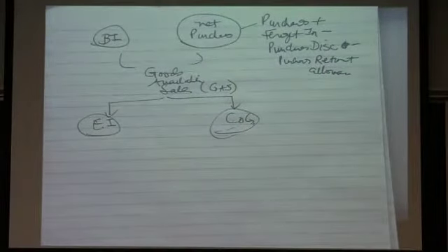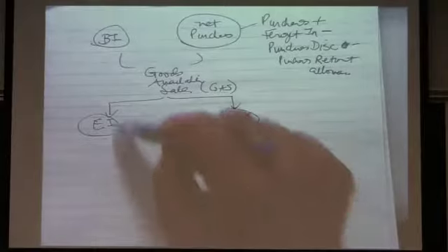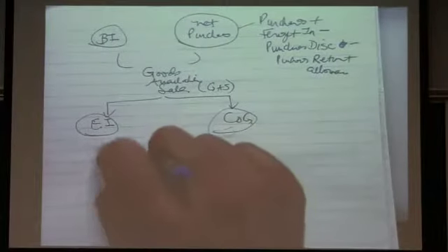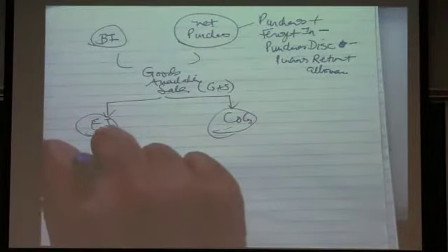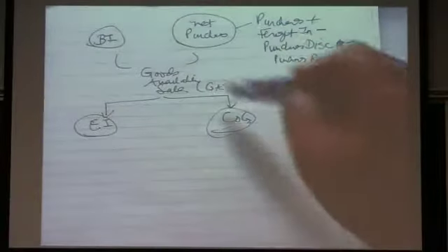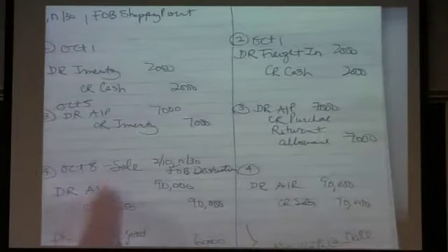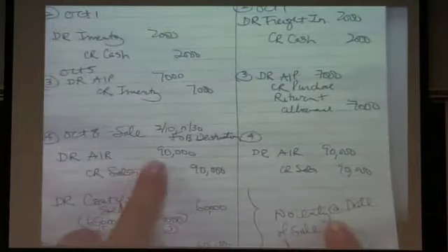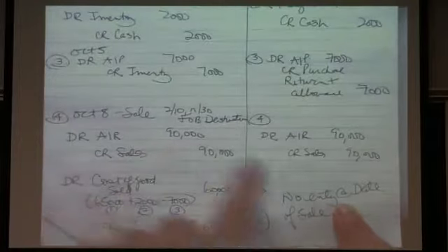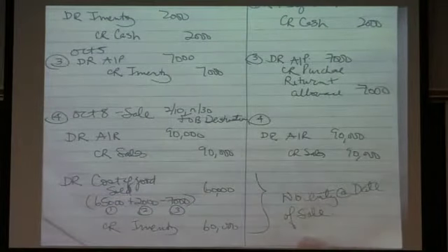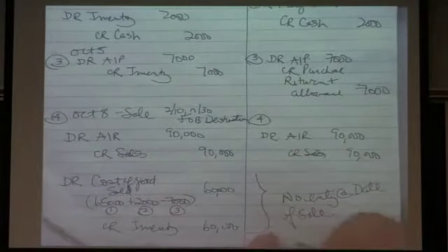And the only time we ever record the cost of goods sold under the periodic inventory system is that we have to physically determine what is left in ending inventory, subtract that from goods available for sale to give us cost of goods sold. So that's why in this transaction, when we sold $90,000 worth of goods, under the periodic inventory system, there's no entry at date of sale.